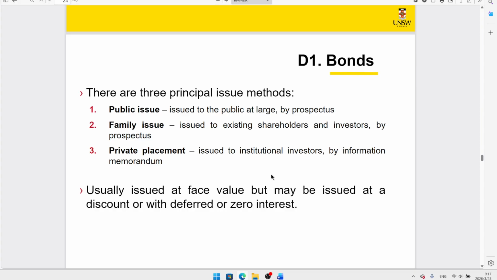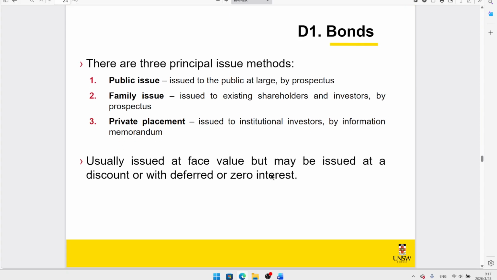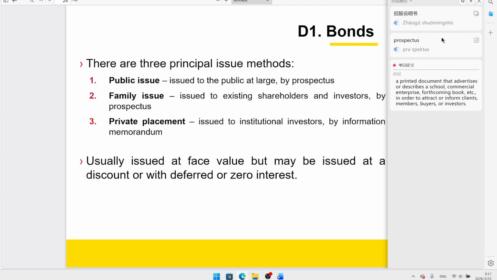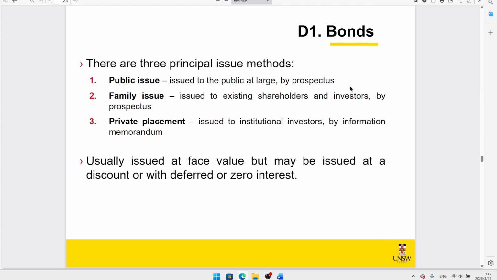And there are three principal issue methods: the public issue, the family issue, and private placement. A public issue is to the public at large by prospectus. A family issue is issued to existing shareholders and investors by prospectus.